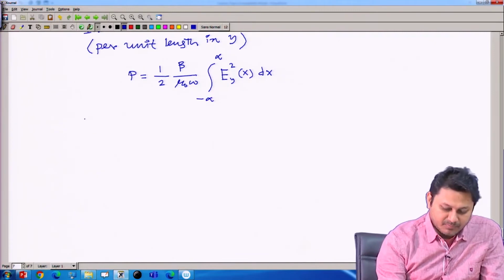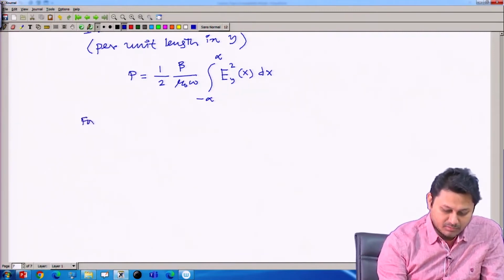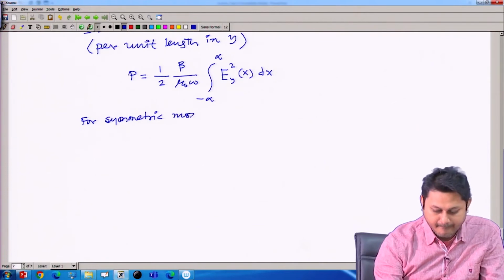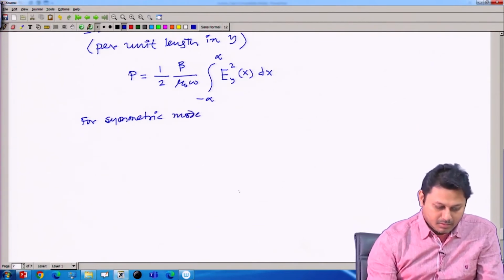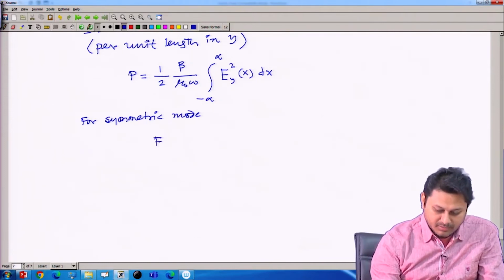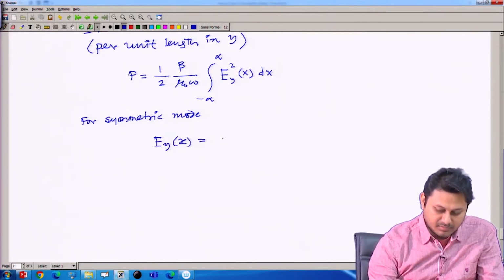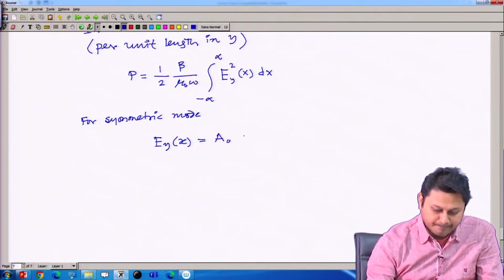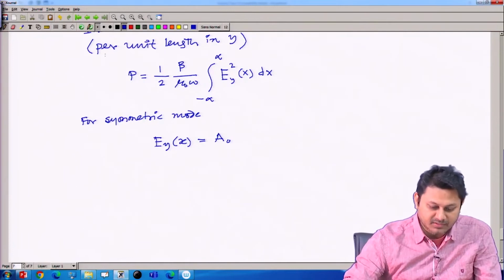So, for symmetric mode, we know what is Ey for the slab waveguide. Ey as a function of x for symmetric mode is simply some constant, say A0. In our notation it is B, so better to write it with the notation we used earlier.